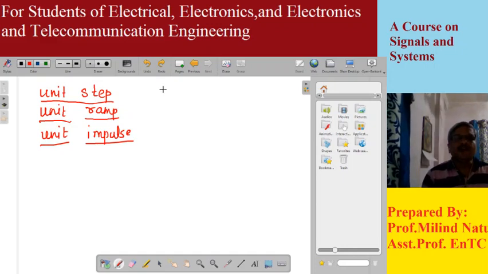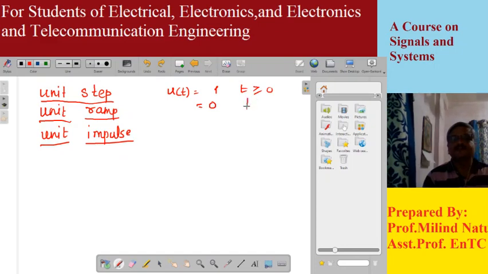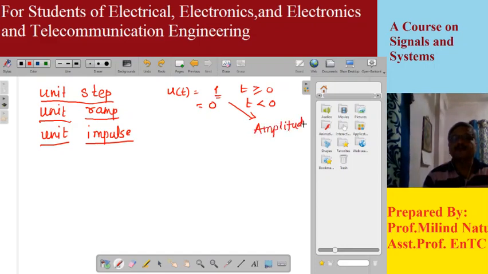Here, the point to note is that the unit step signal is mathematically defined as u of t equal to 1 for t greater than or equal to 0 and 0 otherwise. Here this 1 indicates the amplitude, and this amplitude may change.